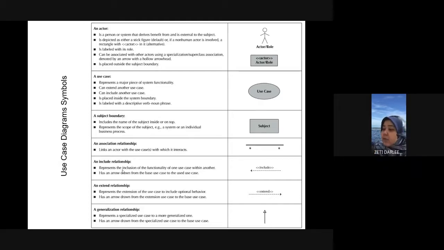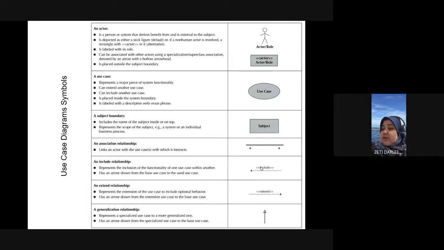Has an arrow drawn from the base case to the use case. So, this is to show some inclusions from one use case to another use case. So, arrowhead tu based on base use cases menunjuk kepada use cases.